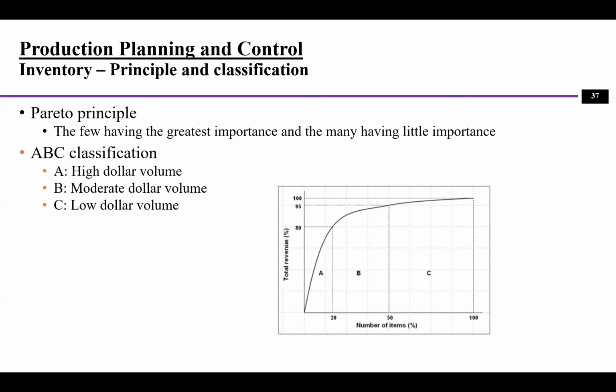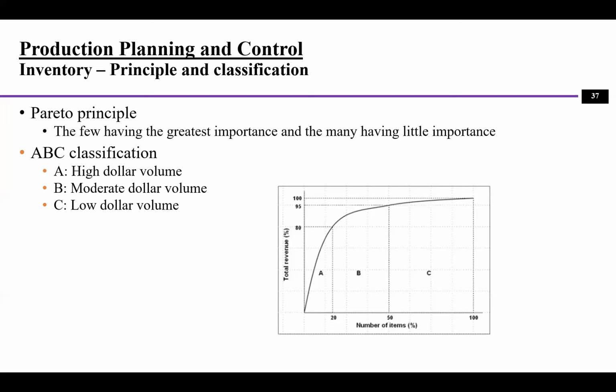Think about your phone, right? Maybe there are only some very key components, like your screen, the chip, the board, and the camera. These are the key components that really matter and are much more expensive in dollar value.